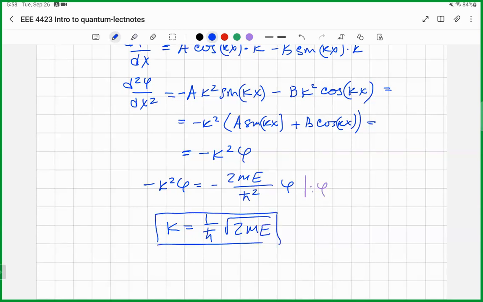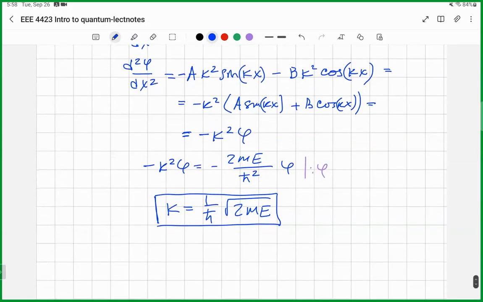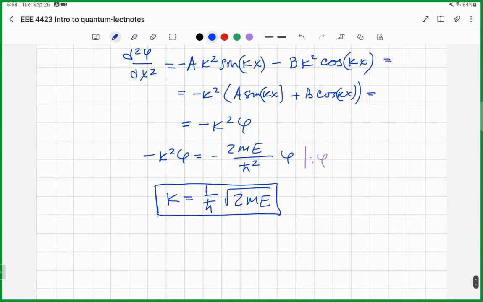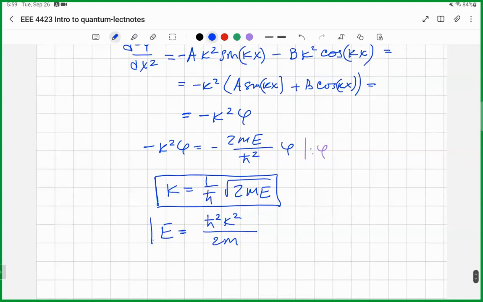So this is the formula for this k number, and also for the energy, right? So the energy is equal to h bar squared k squared over 2m. Okay, so this is the formula for the energy.